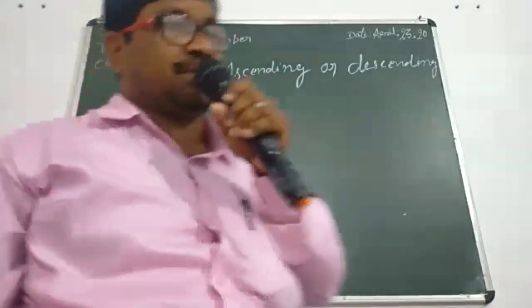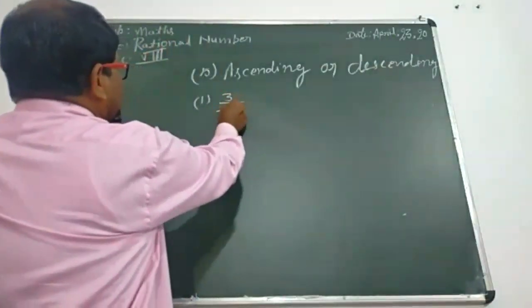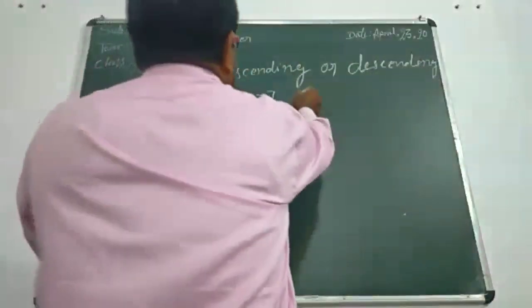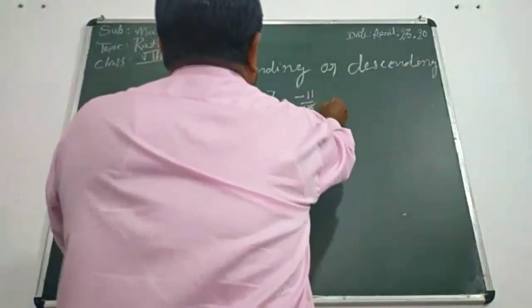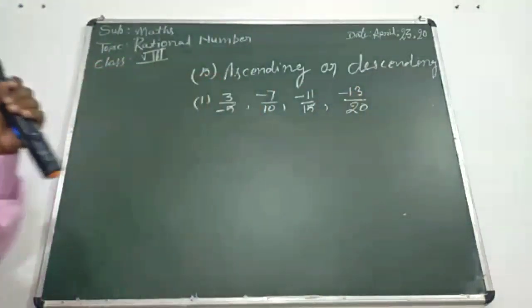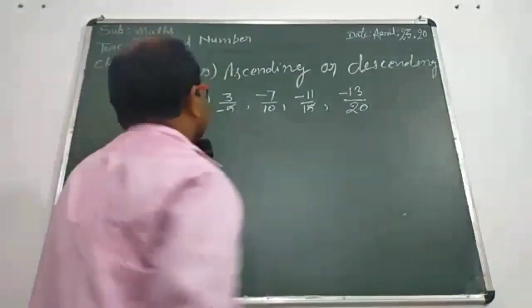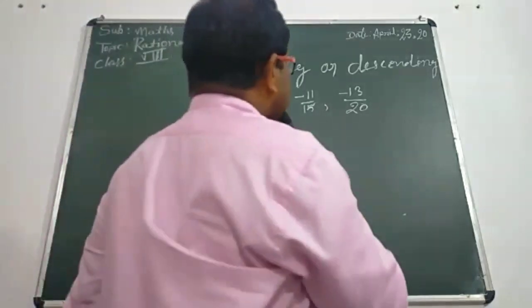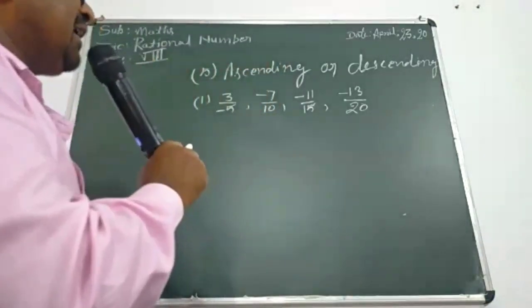Okay, we should start with the first example first of all. Some rationals: 3 upon minus 5, minus 7 upon 10, minus 11 upon 15, and the next minus 13 upon 20.